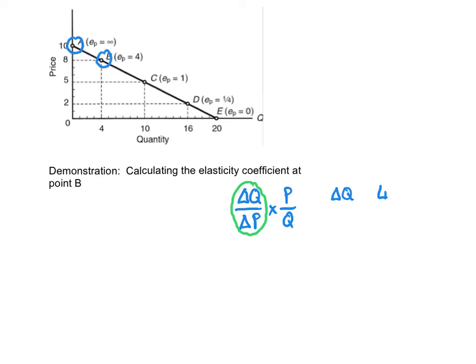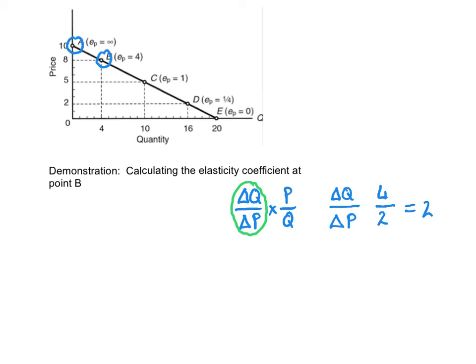The change in price is 2 because at A it is 0 and at B it is 8. So that gives us 4 over 2. So the inverse of the slope is 4 over 2, which is equal to a value of 2. Now, we could have moved between any 2 points on the demand curve, and the result would have been exactly the same. That is to say, a value of 2.